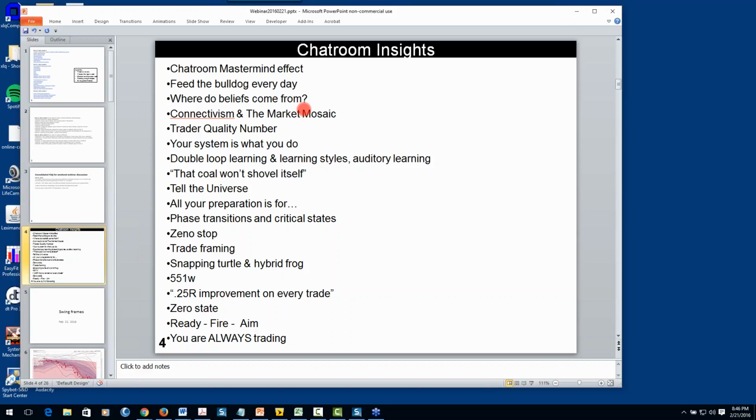And from that, you can start finding cause and effect things in your decision making, which can be systematized and added as rules to your system, and thus reduce the workload and the pressure on your intuition to keep going. So that's sort of the action research inductive process of learning in a nutshell. And the idea is the trader quality number gives you insight into whether or not you should keep doing what you're doing.